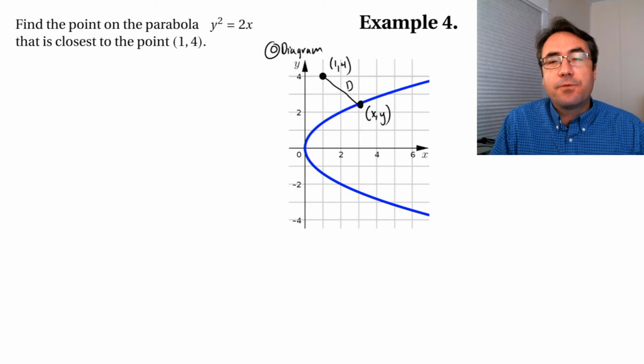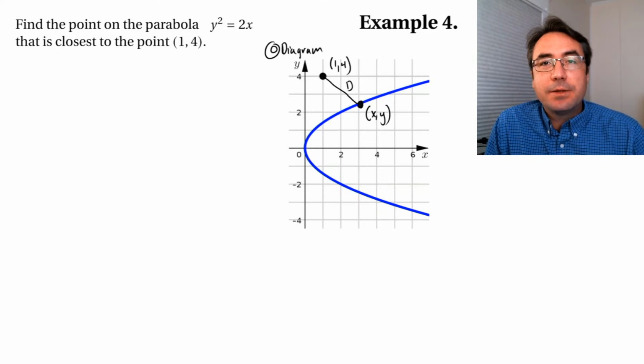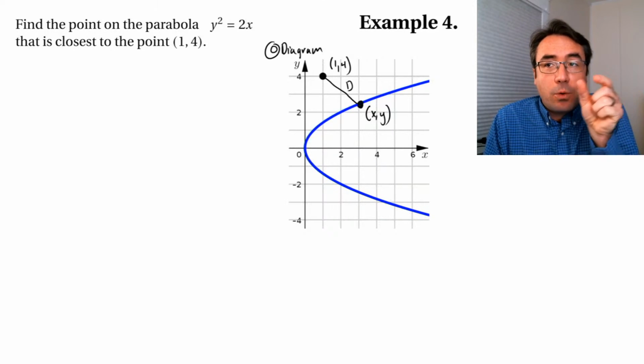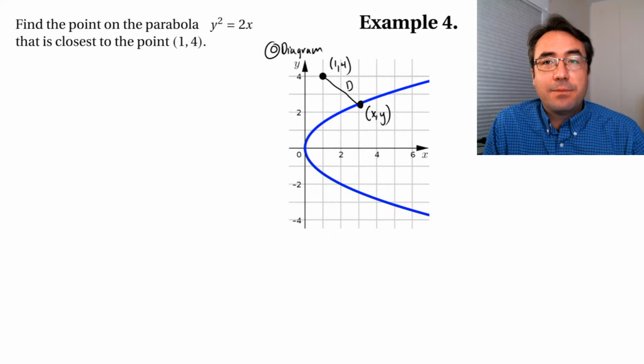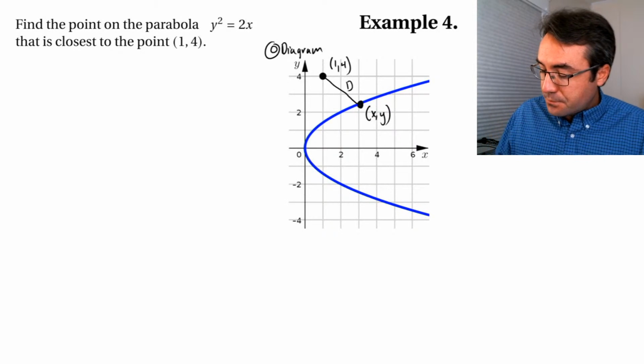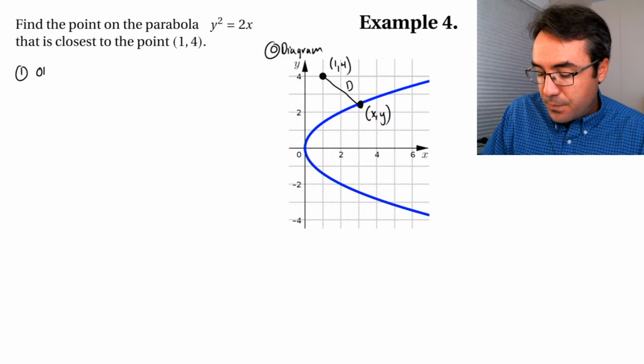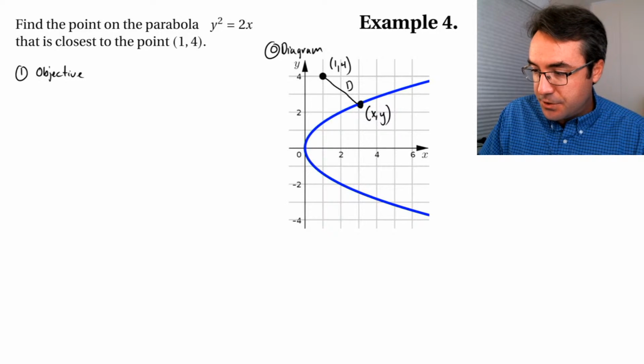So, to get these optimization problems going, you want to draw in a diagram and introduce the variables. And so the variables here are just the coordinates of our arbitrary point at this stage, x comma y. So we want to then identify what we call the objective equation and the constraint.